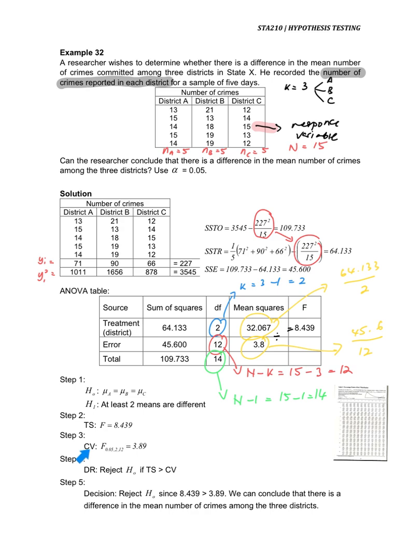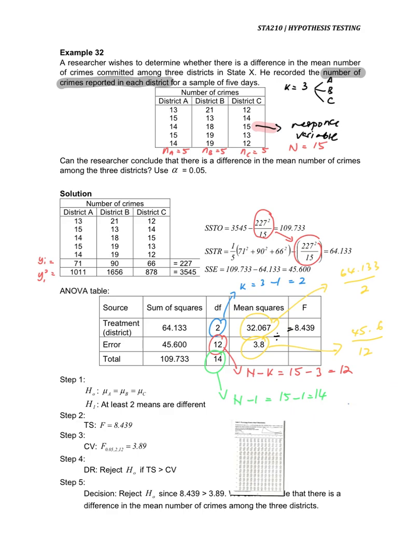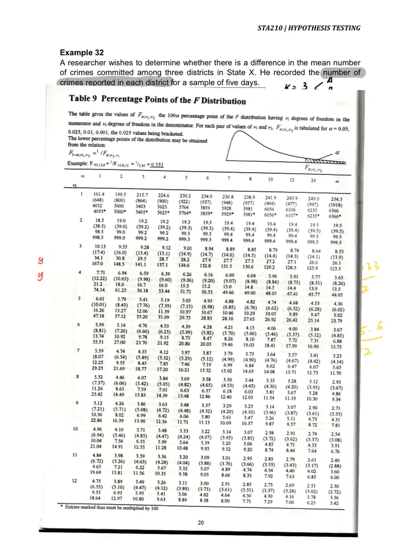And then find the critical value. Our alpha is 0.05. So F alpha 0.05, and you take the degree of freedom for treatment, which is 2, and the degree of freedom for error, which is 12. So look at the F table, 0.05, 2, 12. Look at table 9.